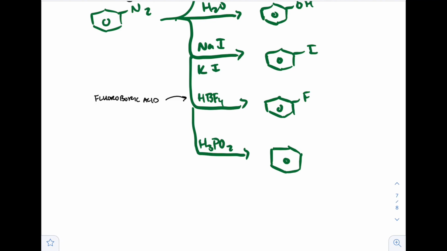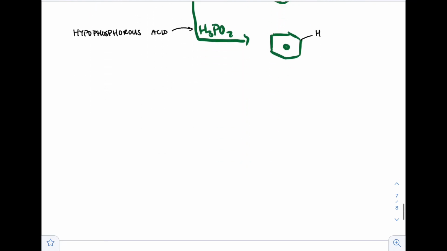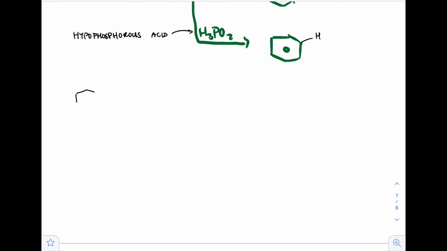It yields the fluorobenzene. Okay, so what about H3PO2? What's that? What you mean? That's hypophosphorus acid. So hypophosphorus acid, when reacted with this diazo compound, it basically just forces that N2 to leave, and you get a hydrogen there, right?